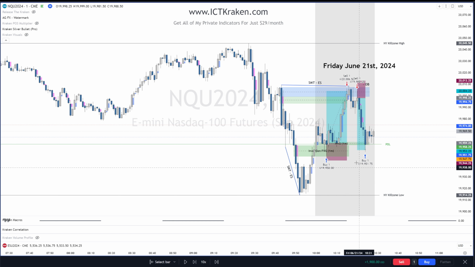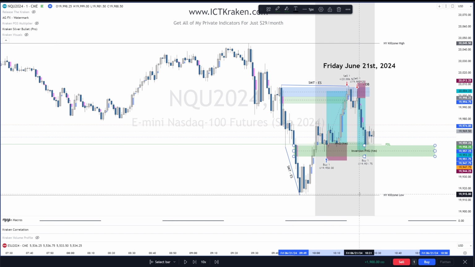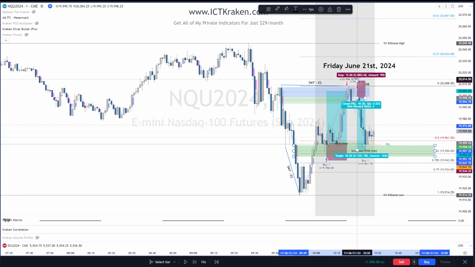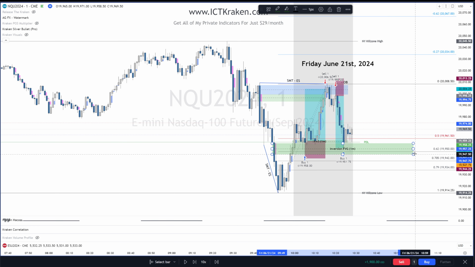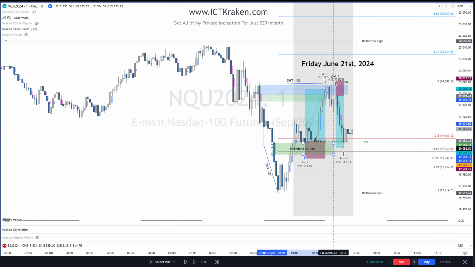So let's see how this inversion plays out here. There's also, let's go to trace fib, right? From low to high here. And we're at optimal trade entries down here. So this inversion, I'll leave this here so it's not too clouded. You can see that there's optimal trade entry right in here.